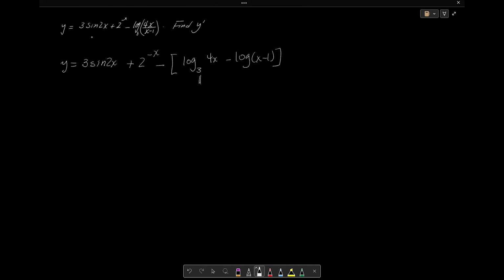Here I see two things multiplied. I see a 4 multiplying an x with the log. Also remember that the log of a product is the sum of the individual logs. One more step.